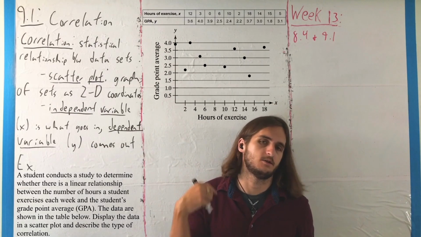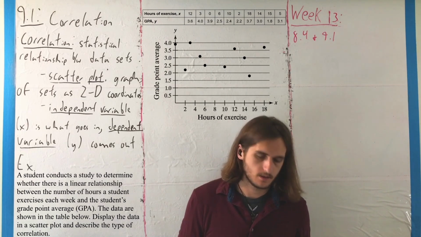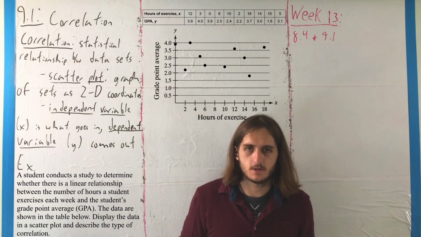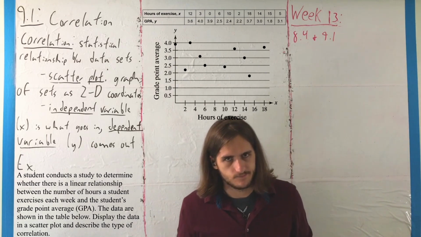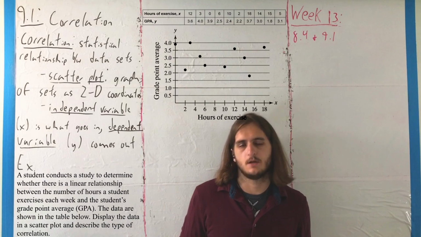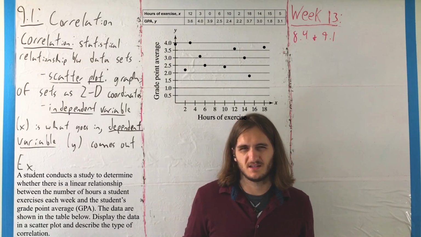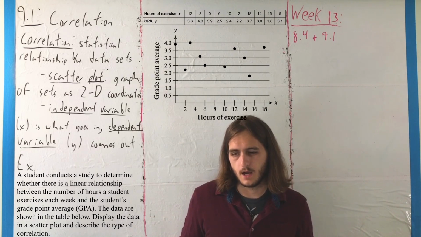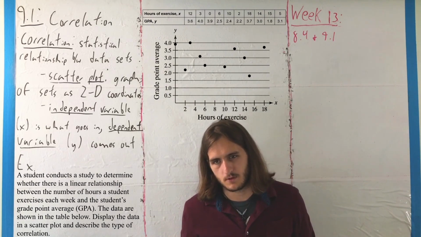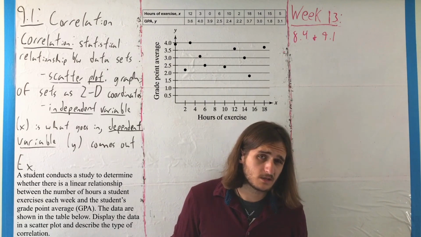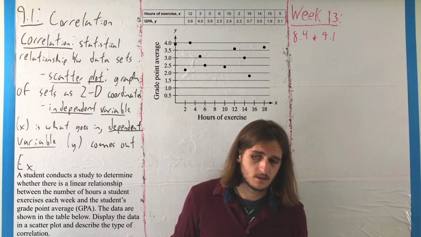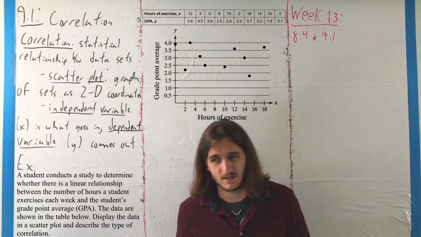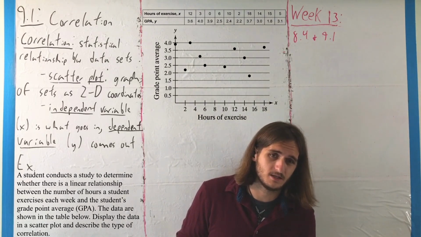where, at best, there might be a bit of a flat connection there, but it's a bit jumpy. It doesn't seem like there's a whole lot of useful connection we can ascertain there, and it kind of makes sense if you think about it. If you're exercising, it does mean that you don't spend as much time studying, but for some people, getting exercise helps them focus, and it's not always like that. Even if it was, you're probably not spending that much time exercising.